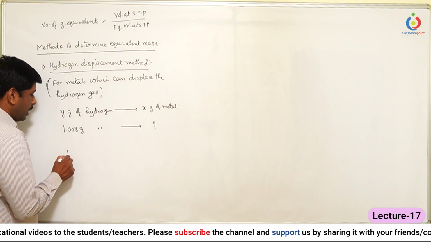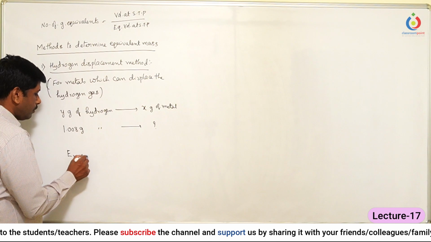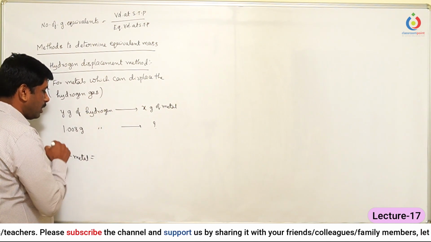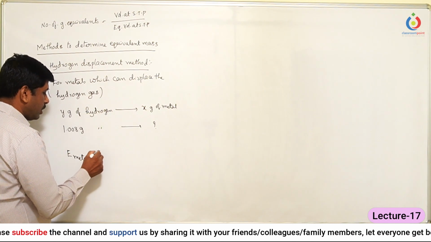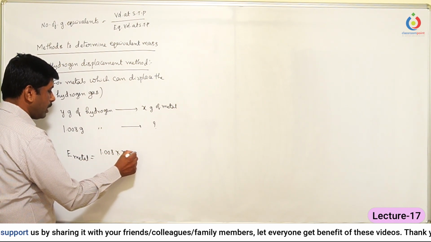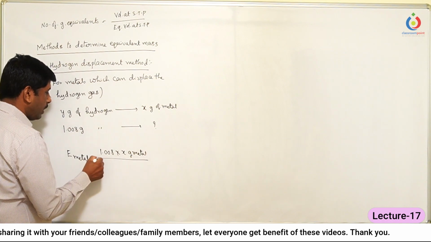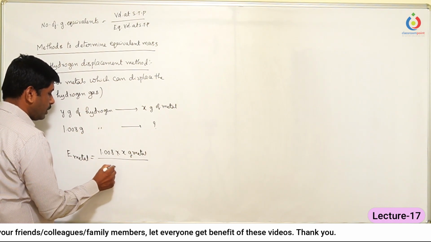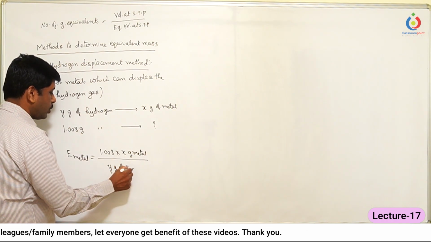So the equivalent part of the metal is, by cross multiplication, 1.008 into X grams of the metal divided by Y grams of hydrogen H2 displaced.